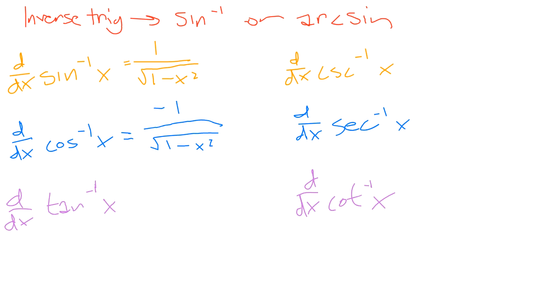And then our tangent is going to look similar, but just a little different, where we get 1 over 1 plus x squared. Now let's move on to the other ones.